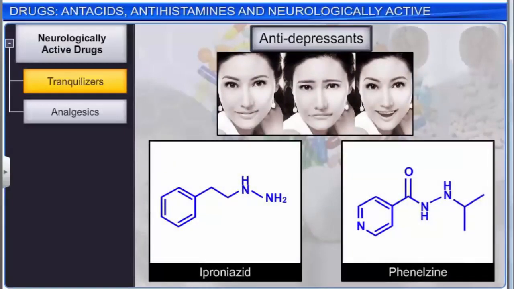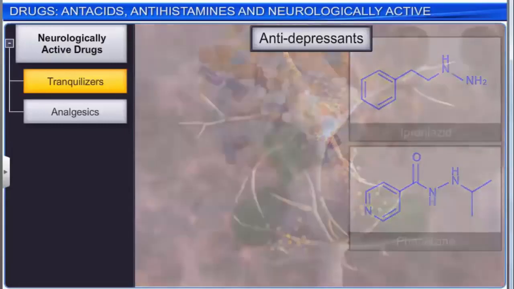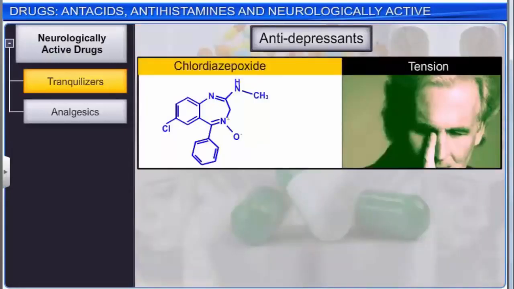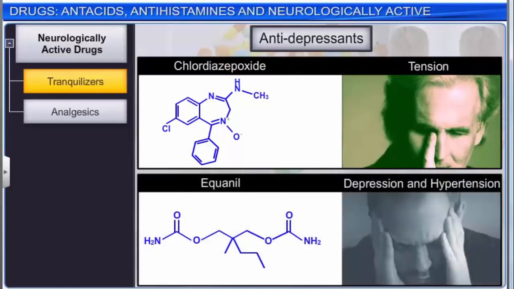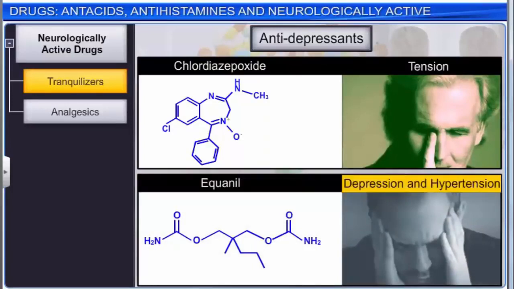They help correct the abnormal neurotransmitter activity by inhibiting the catalytic degradation activity of noradrenaline by enzymes. The relatively mild tranquilizer, namely chlordiazepoxide, helps relieve tension. Another tranquilizer, Equinil, is used to control depression and hypertension.